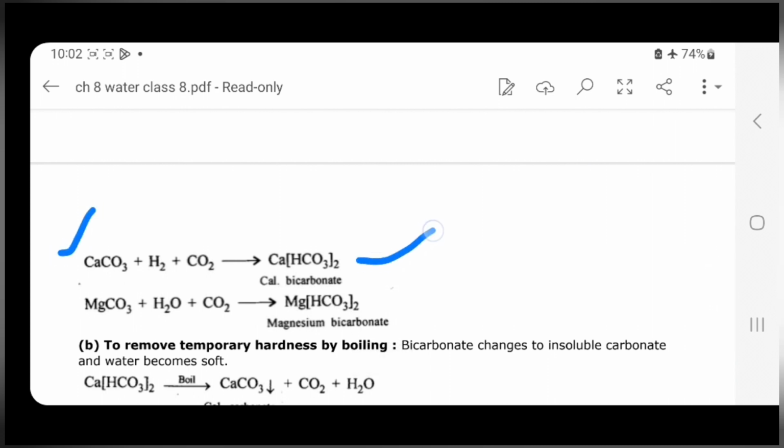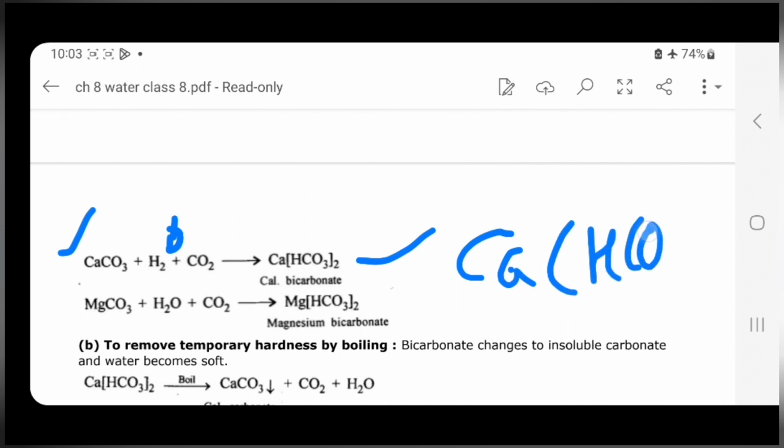This is the formation of bicarbonate: calcium carbonate plus water plus CO2 gives calcium bicarbonate. Beta, you have to use small brackets, not large ones like that. And magnesium carbonate plus water plus carbon dioxide forms magnesium bicarbonate.